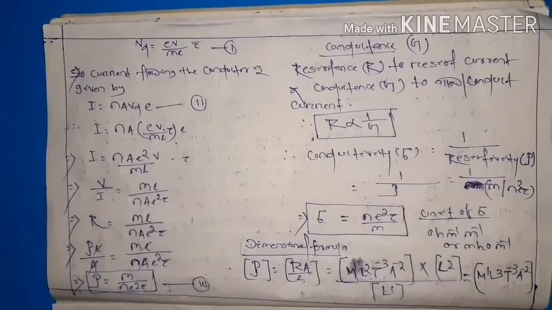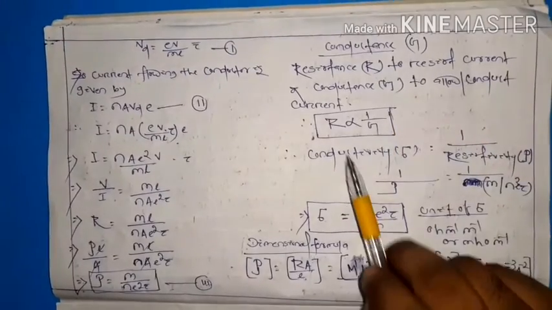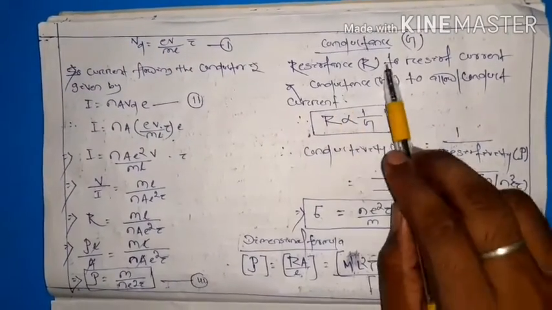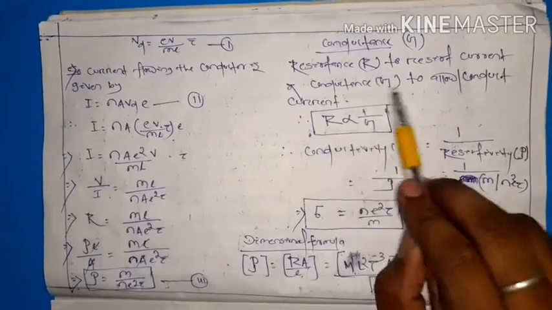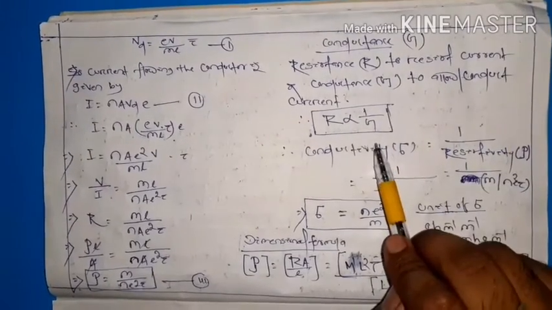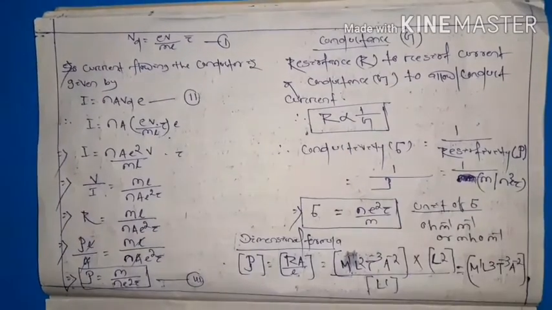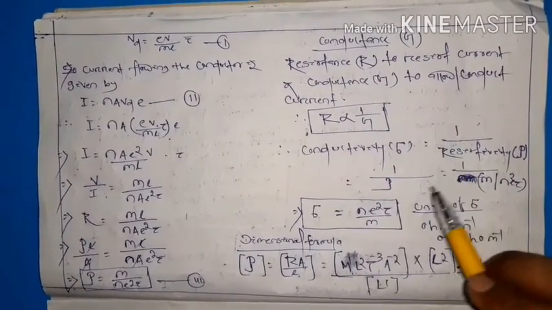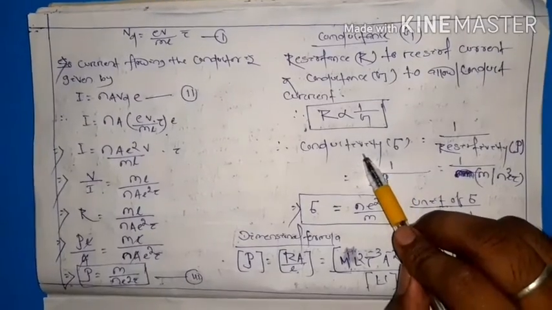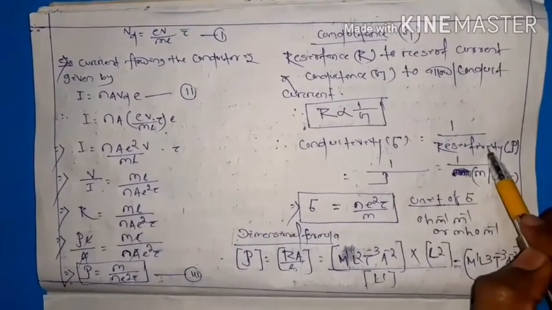Then conductance. Resistance means to resist electric current and conductance means to allow or conduct current. That means resistance and conductance are inversely proportional to each other. Then conductivity. Conductivity is the reciprocal of resistivity.